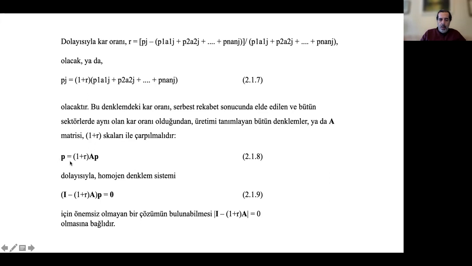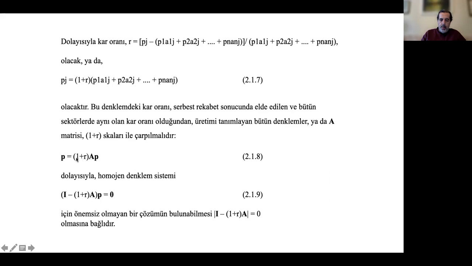Anyway, so in the matrix form, for representing the whole of the economy, of course, we have this equation, P is equal to 1 plus R times A. A is the technical coefficient matrix or technology matrix, it's called, and P is the price vector. So here we should be careful about this from a technical point of view.